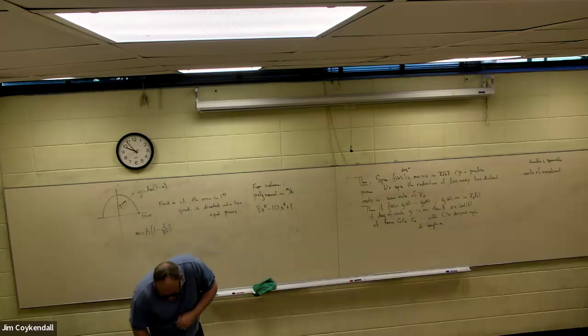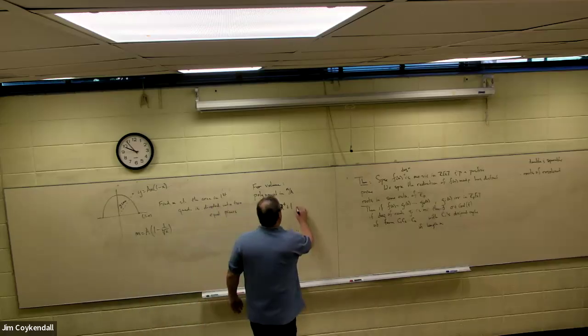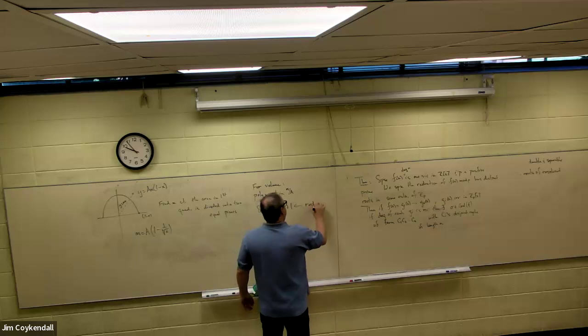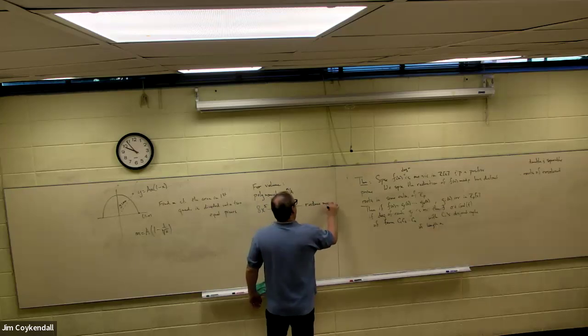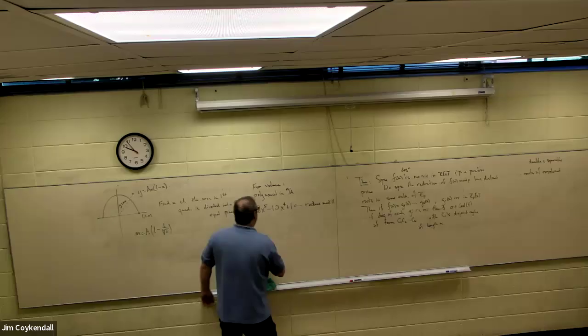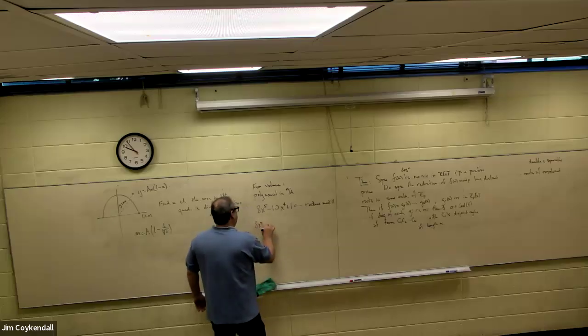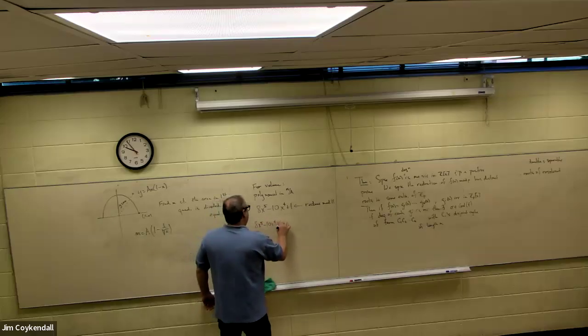It turns out that you can reduce this polynomial mod 11, and what happens is you get 8x^5 minus 10x^4 plus 1.